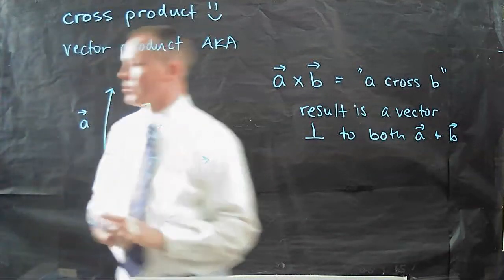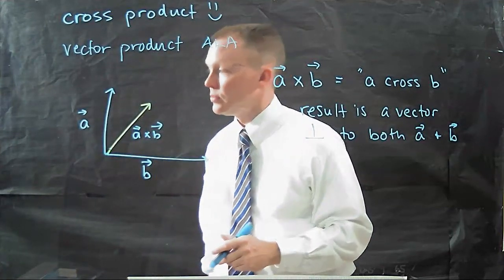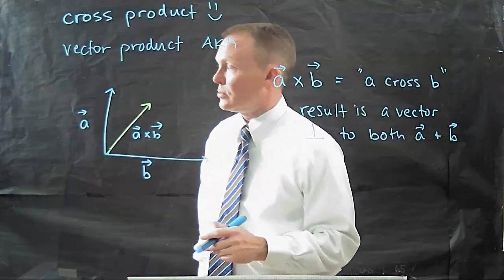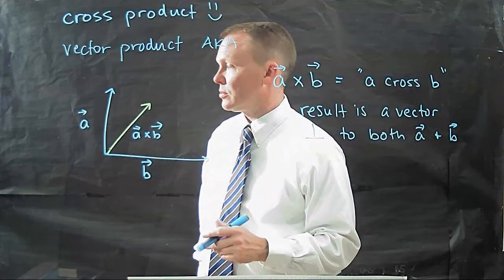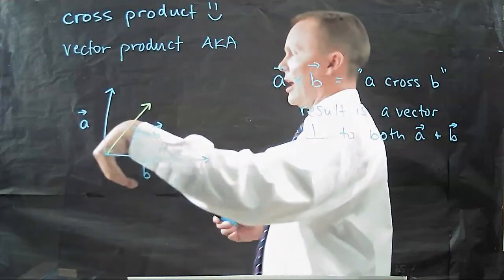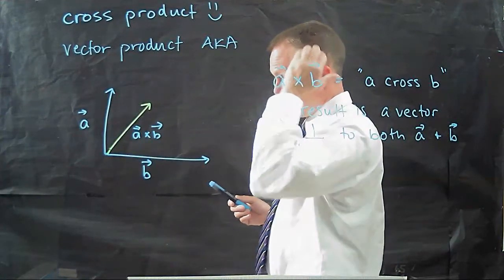Since I drew mine like you drew yours, and since it looks like you're doing it with your left hand, my A is going around the outside. Do I go 270 degrees or 90 degrees? It goes 270 degrees. You don't wrap your hands like this and point out. That's the only way mine can point towards me.